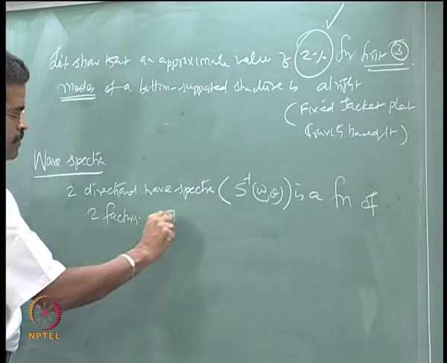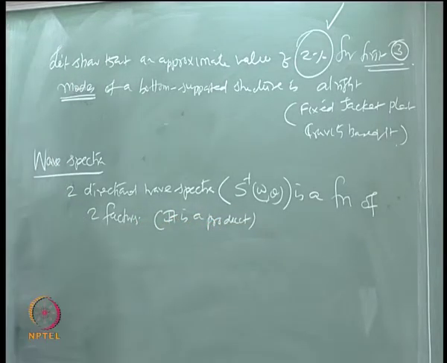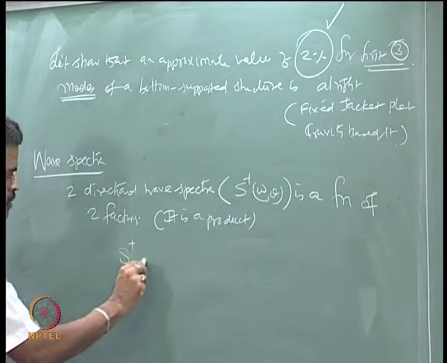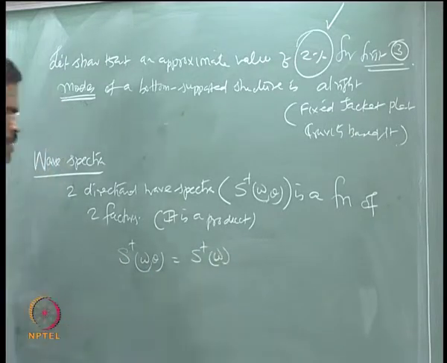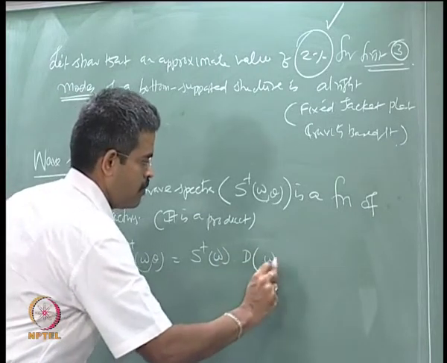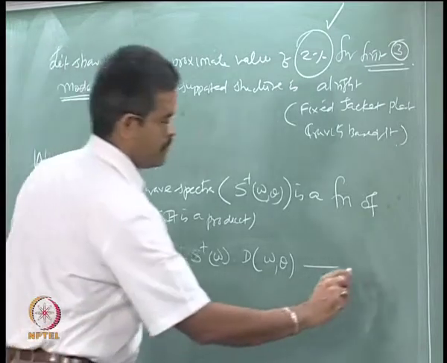Essentially it is a product of these 2 factors. So, S plus omega theta is S plus omega times D omega theta, equation number 13.